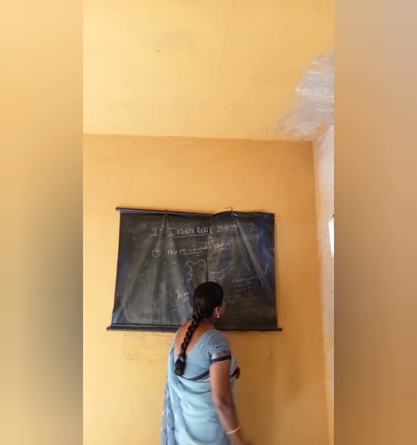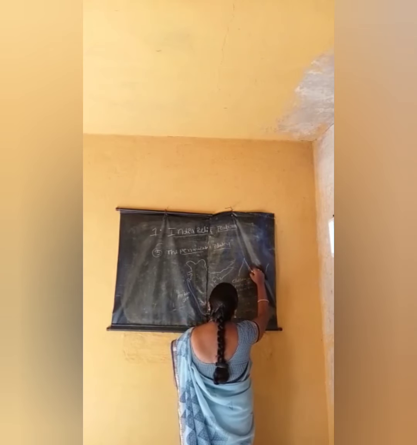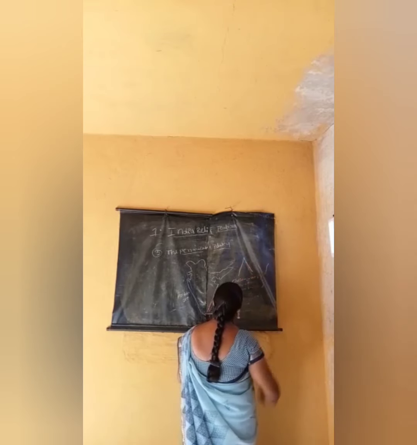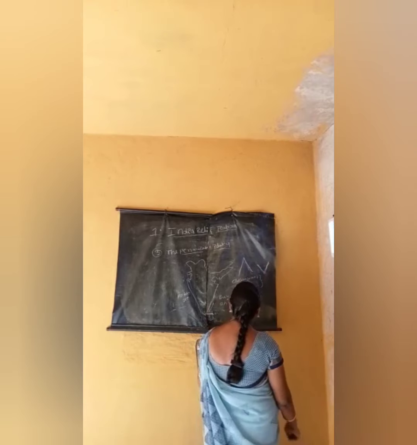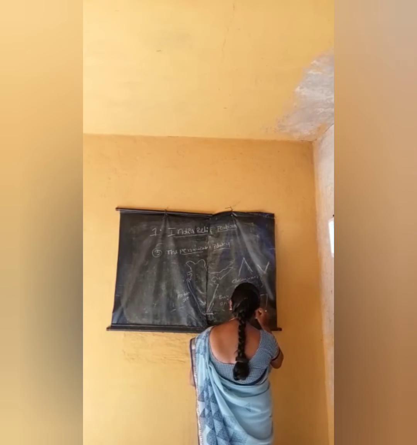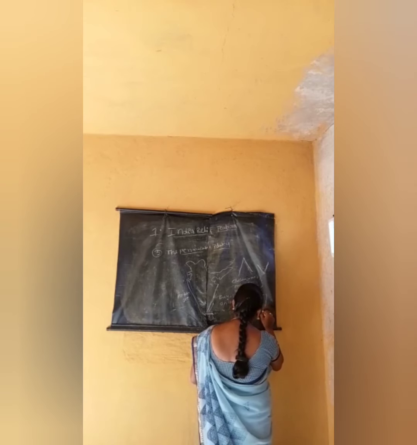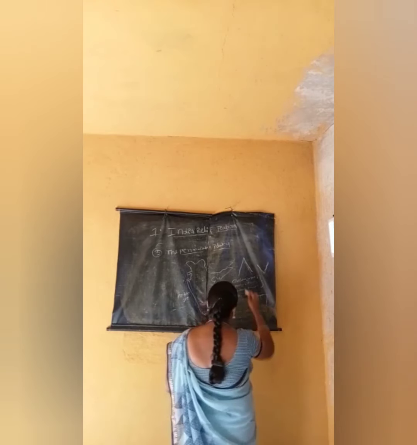Another example: this is a mountain, this is a valley, this is a table. Three pictures differently.